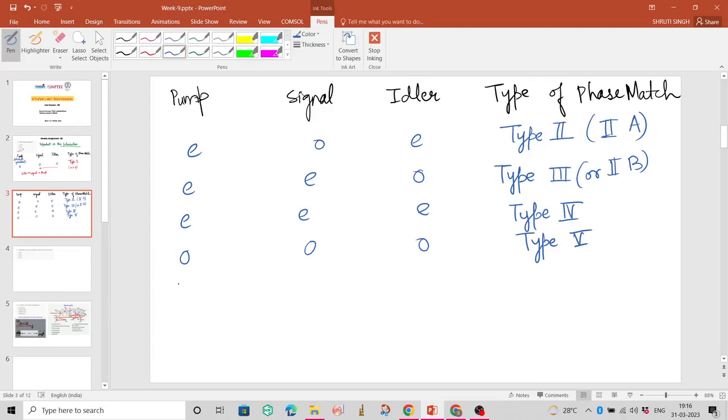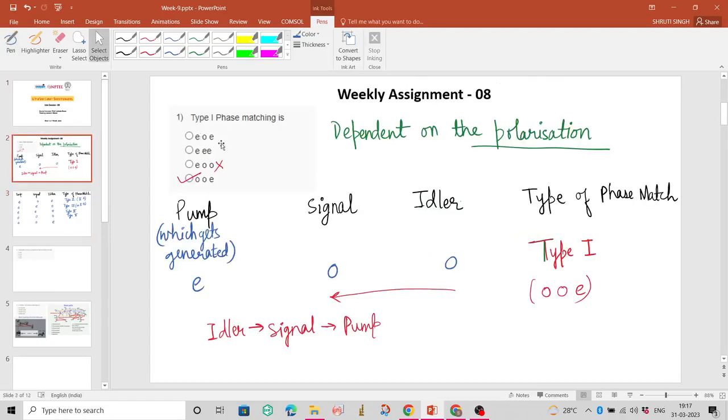Next can be the reverse of the first one which we have taken, that is, these two are OO and this one is E. We will read it from the idler side, so it will be EOO, which was given in the third option, EOO.